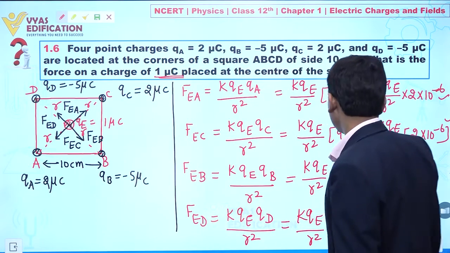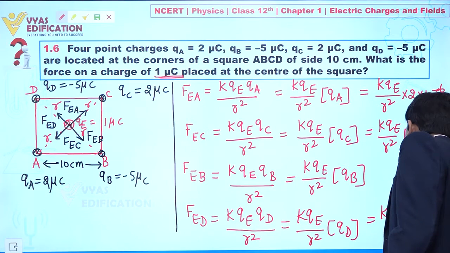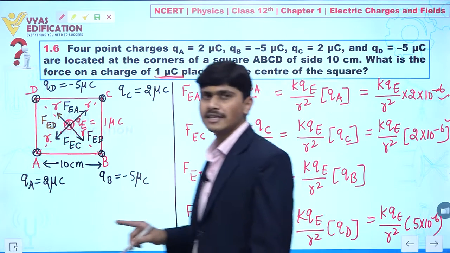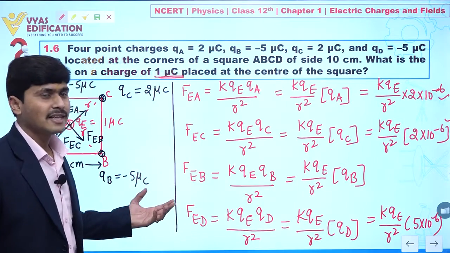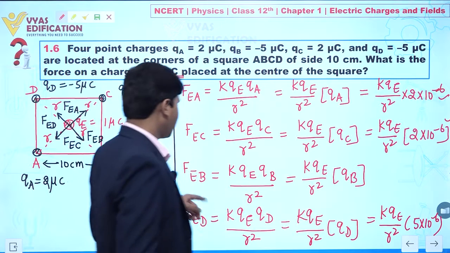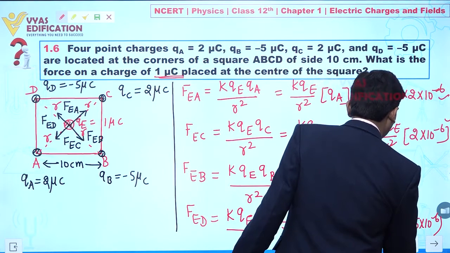Now let's check what is the force acting by D. Clear? So for the F_ED, we can write like this: KQ_E upon R square, and then 5 into 10 to the power minus 6. Direction we have already considered, so no need to write. Clear? Or if you write, then you have to write all the forces in vector form. Clear? So now we can also write like this: KQ_E upon R square.